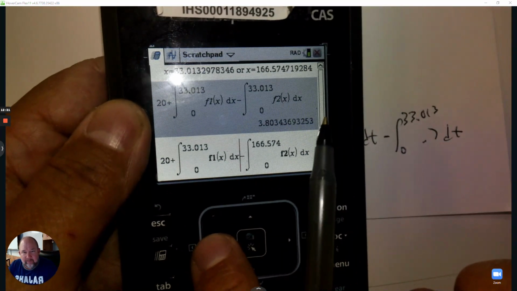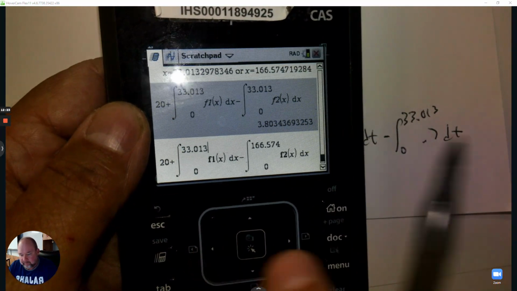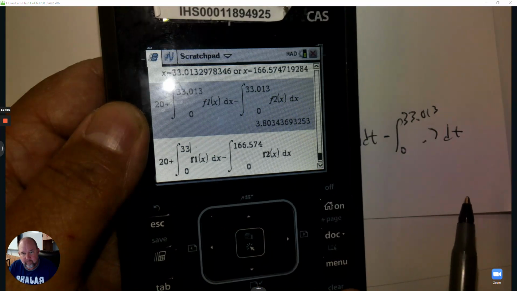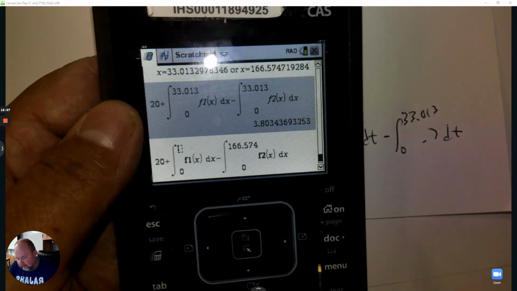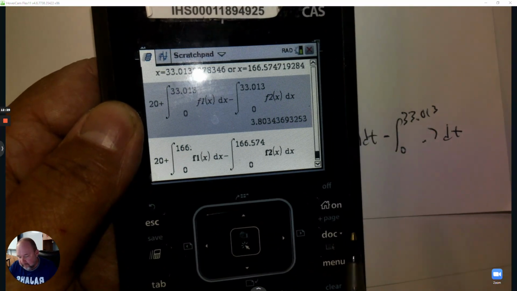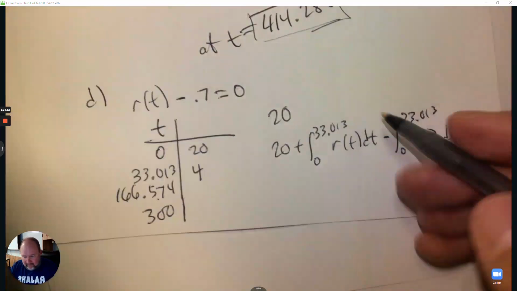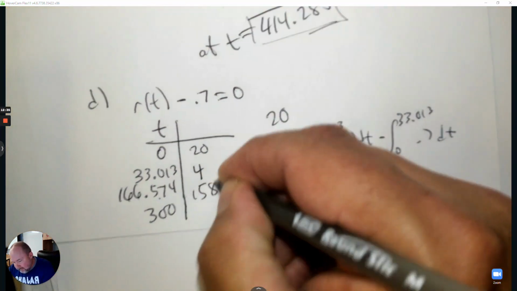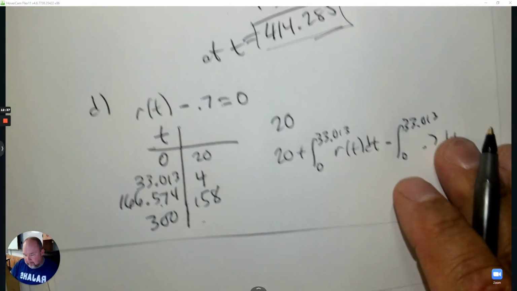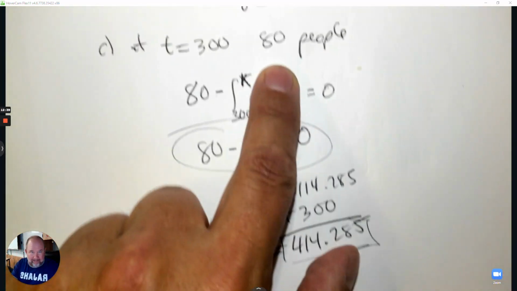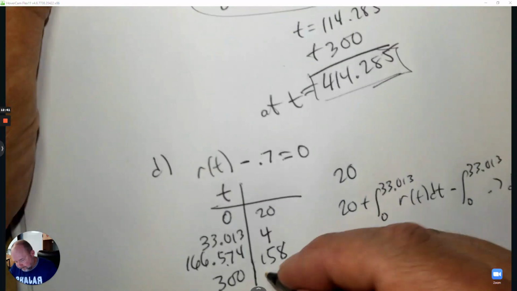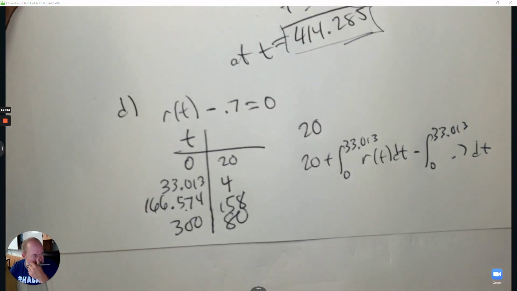Change the second one to the same thing, 166.574, and then go Control Enter again, and now it's 158 people. And then we already know at 300, how many people were there at 300? There were 80 people. We already solved that one.